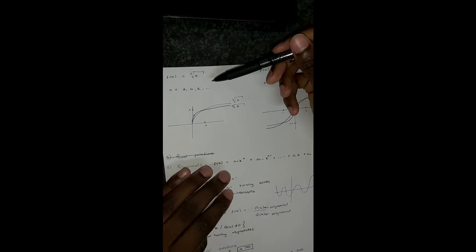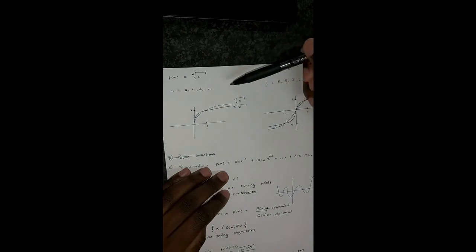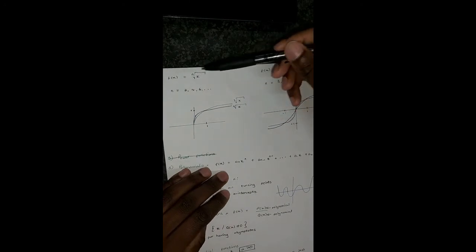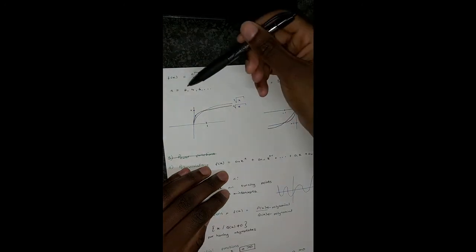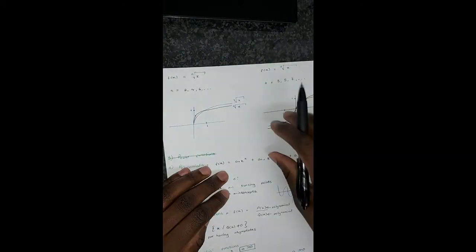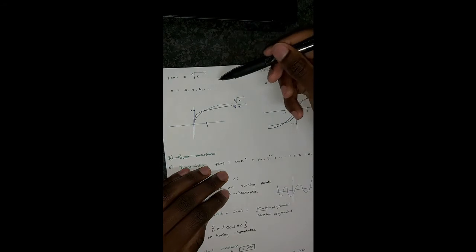Another form of power functions is when you have x to the power of 1 over n. That one is going to be represented by the root. So over here, it's going to be f of x equals the nth root of x. You can divide them into two divisions, where you have your even and where you have odd. So you have 2, 4, 6.